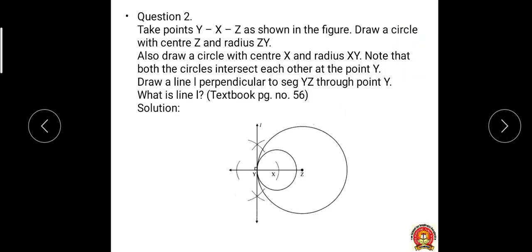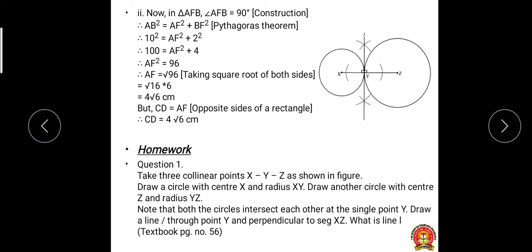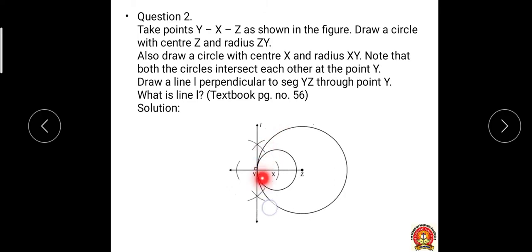The second question: take points Y, X, Z, same as here, but the first is for circles touching externally and this one is for circles touching internally. Draw a circle with center Z and radius ZY. Another circle with center X and radius XY.